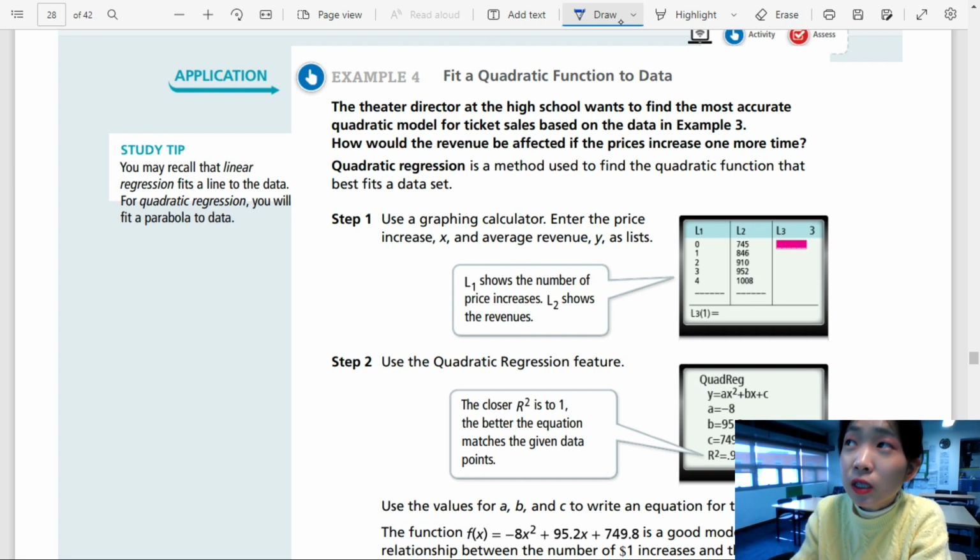Quadratic regression, another vocabulary word, is a method used to find a quadratic function that best fits a data set. So if you remember the best fit line in your linear equation, you have to use your graphing calculator to figure out the best fit line. Okay, you can also do that for a quadratic equation. So for this one, yes, you can use a calculator.